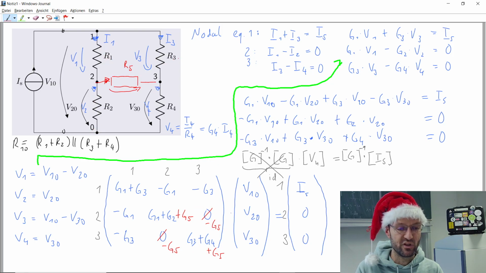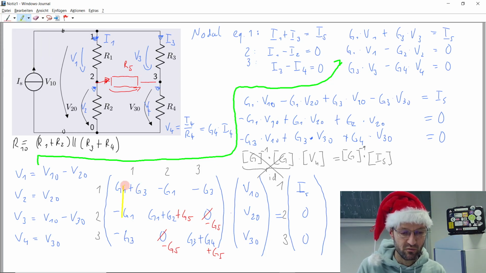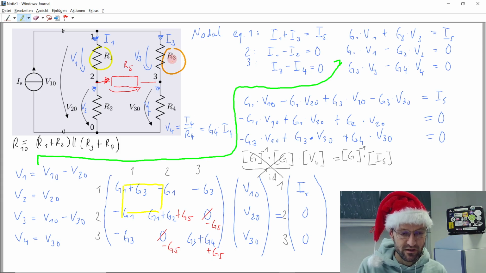So G1, G3, and G5 all appear 4 times in the matrix, 2 times on the main diagonal, 2 times on the secondary diagonal elements. If I take, maybe, a light color, the G1 we have here, here, here, and there. And the G3 we have here, there, there, and there.